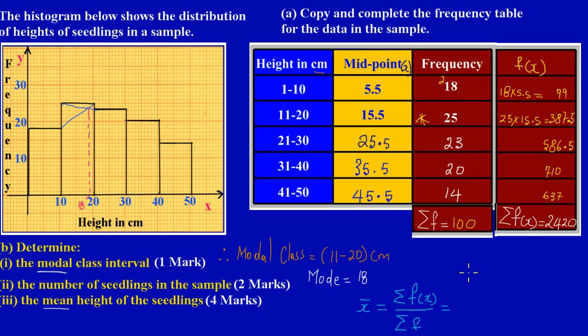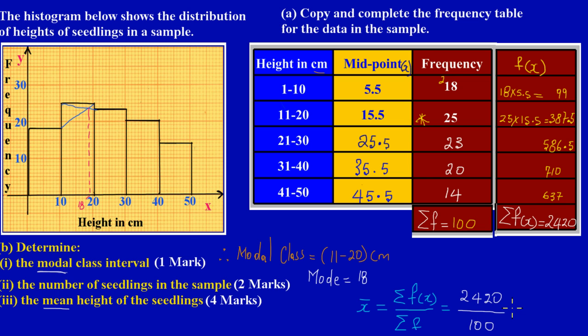All right, now basically to find the mean, as we have it here in our little formula, the mean is equal to the sum of f of x divided by the sum of f. Since we have the value for that, we can now substitute by saying 2420 divided by my sum of f, and obviously my sum of f here in the frequency column was 100.